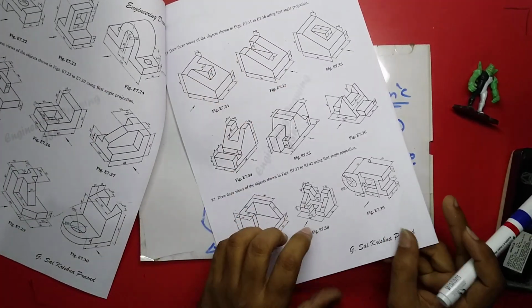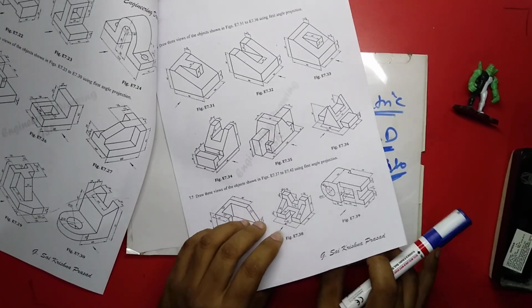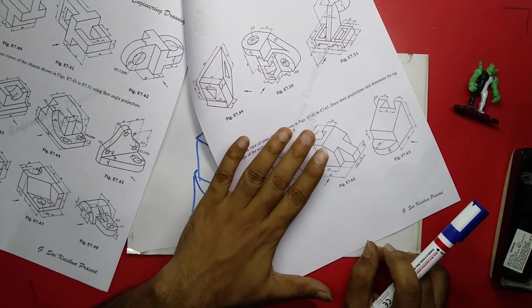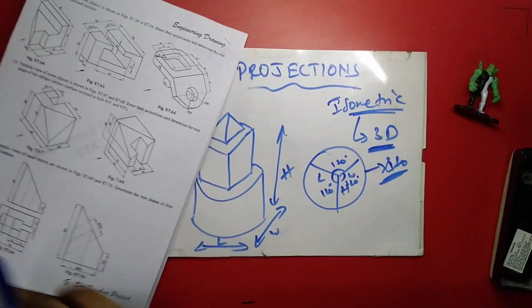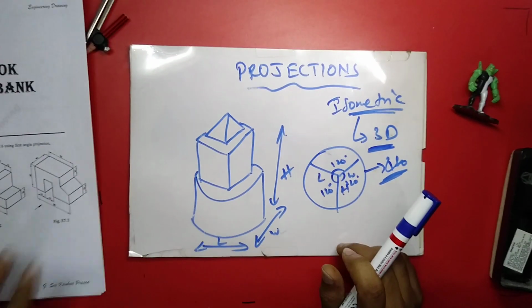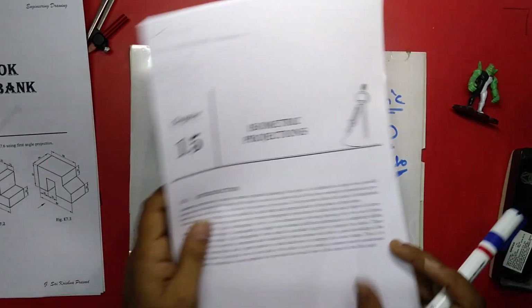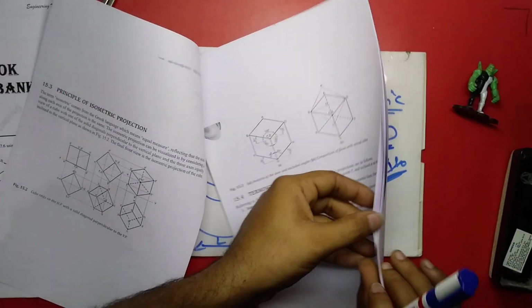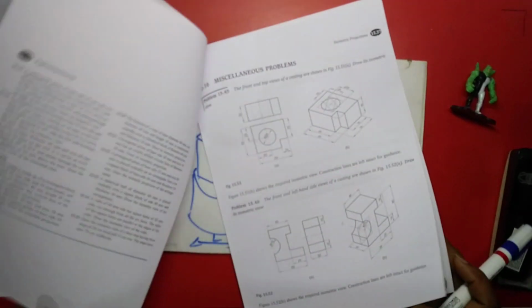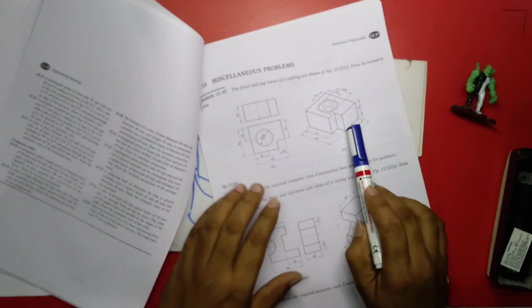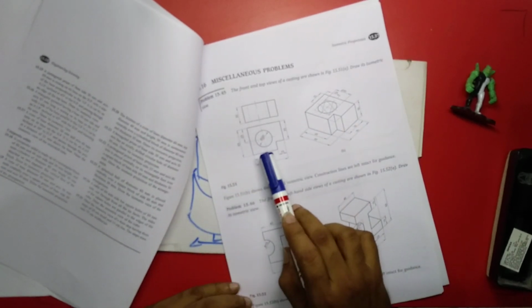For these objects we have to find the two-dimensional drawing. So these are called isometric figures, and for isometric figures we have to find out the orthographic projection. For drawing isometric, this is the isometric figure and this is the orthographic figure.